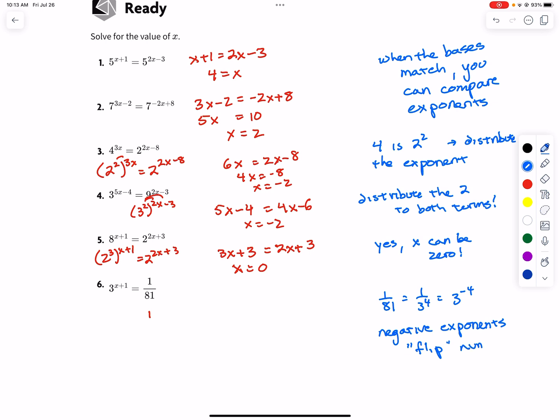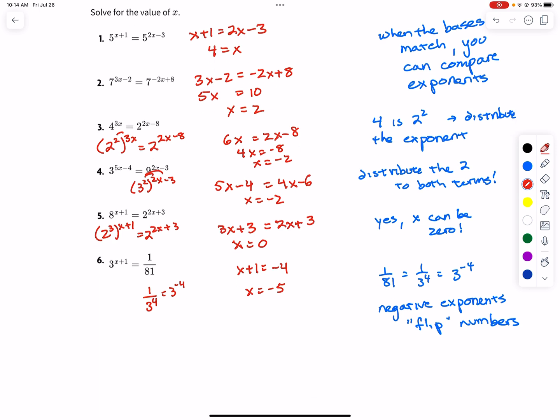In Matthews, they give the reciprocal. I like to say flip because if it's a negative exponent in the denominator, it flips up to the numerator, and so forth. So what we have here is 1 over 3 to the 4th. So this is 3 to the negative 4. So x plus 1 is negative 4, comparing exponents.